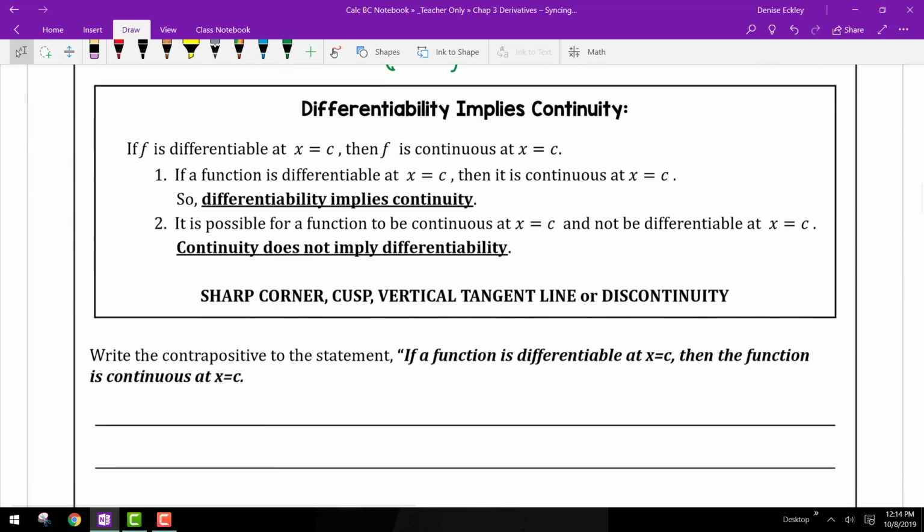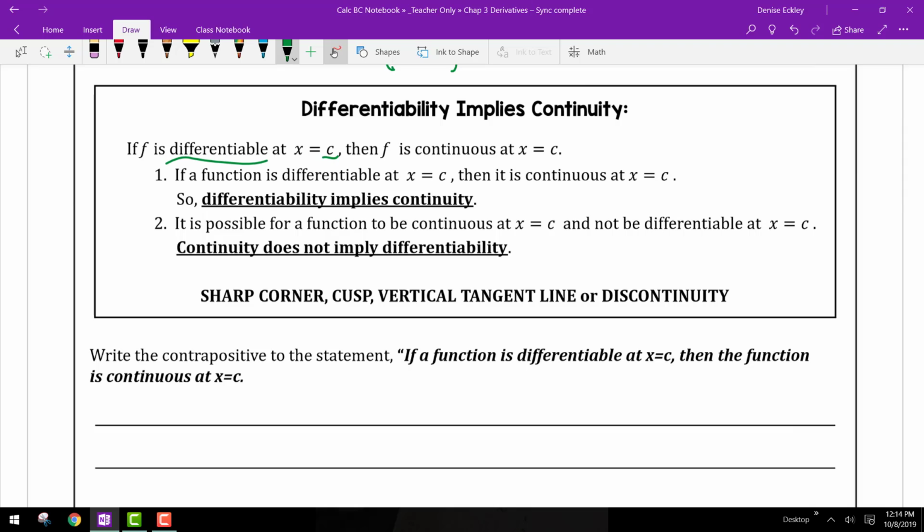Okay, so now how is this related to continuity? Differentiability implies continuity. So what we can say is if we know for a fact that f is differentiable at a specific point C, then f has to be continuous at C. That is absolutely given.